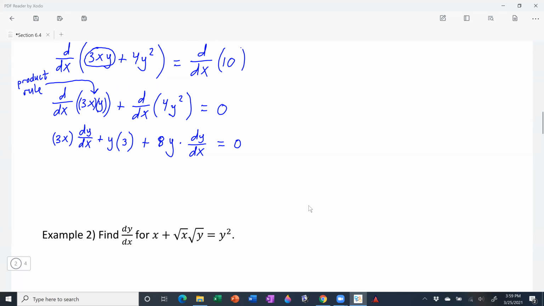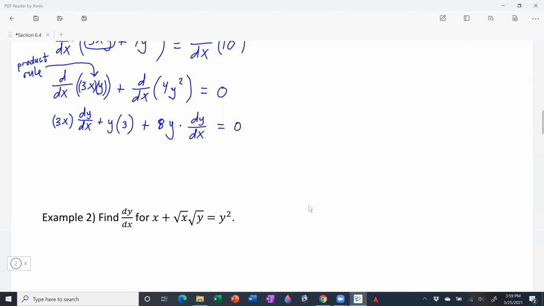So that term also needs to stay on the left-hand side. Maybe I'll rewrite this as 3x dy/dx, getting rid of all the parentheses, plus, I prefer to write this like 3y, and then plus 8y dy/dx.